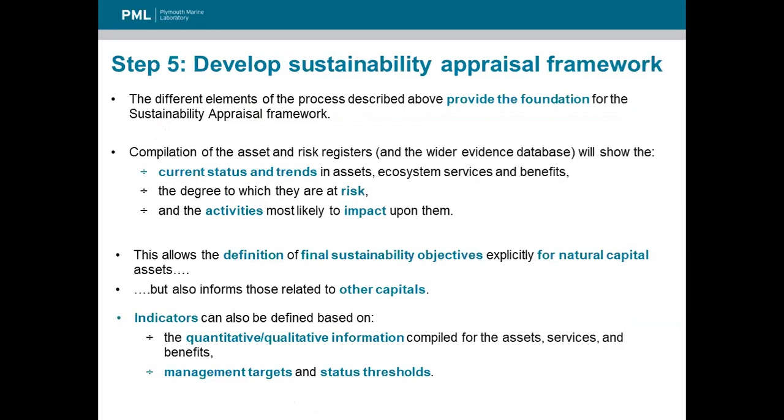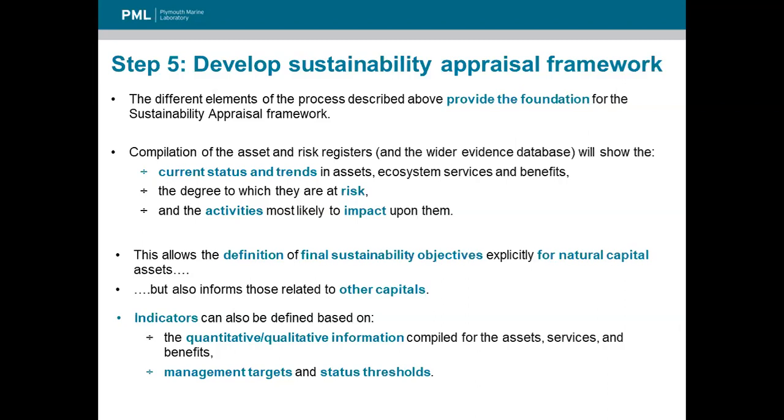And so you can then use this information to develop a comprehensive sustainability appraisal framework, because through the process to compile the asset and risk registers and the wider evidence database, you'll understand what the current status and trends are in assets, ecosystem services and benefits, the degree to which they're at risk, and also the activities most likely to impact upon them. And this allows the definition of detailed, explicit sustainability objectives for natural capital assets.